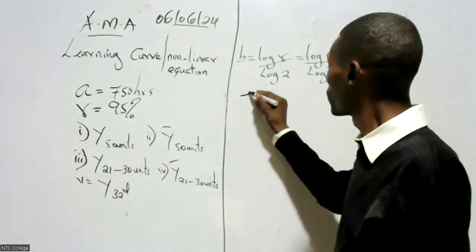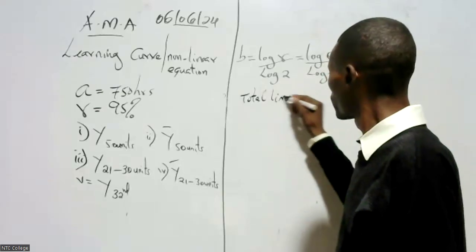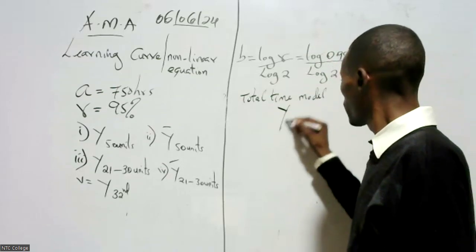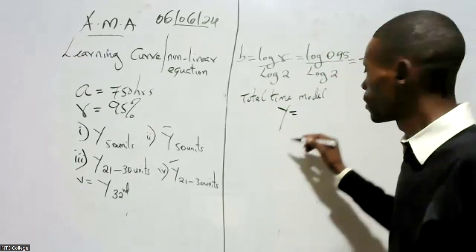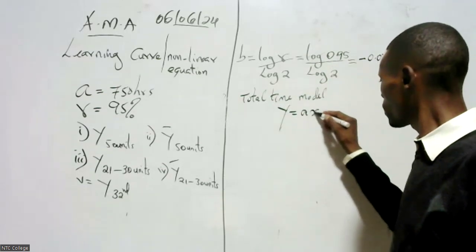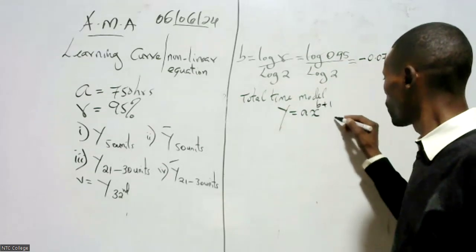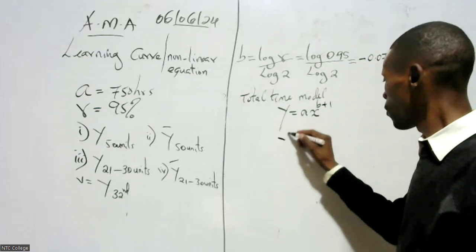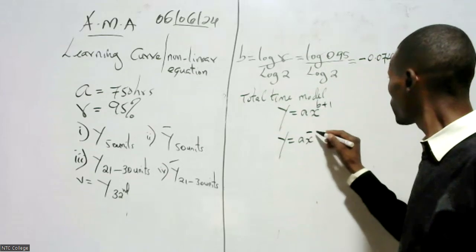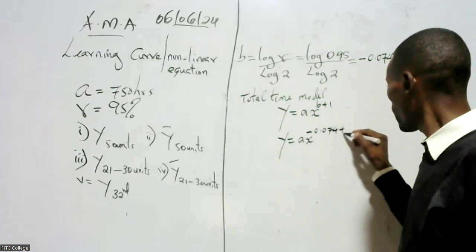So, total time model. Y equals AX raised to B plus 1, which will be Y equals AX raised to negative 0.074 plus 1.